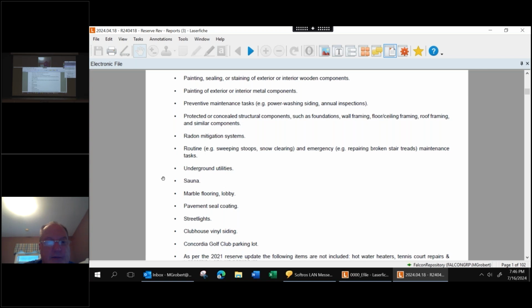Underground utilities, obviously, sometimes if the community's having issues with their utilities, they'll ask us to put a line item in the reserve for utility repairs, meaning like sewer lines or water pipes or water shutoffs, which I think goes along with the drainage. I think we added a line item for underground utilities in here.